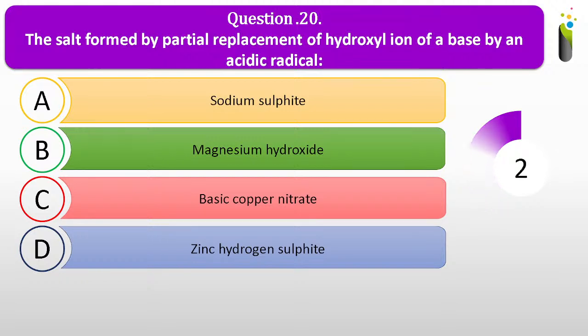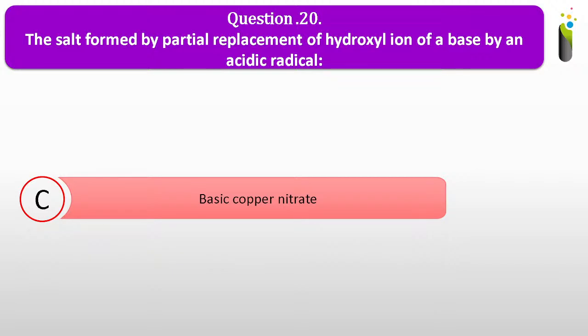And the correct answer to this question should be C. Basic copper nitrate. So the salt formed by partial replacement of hydroxyl ion of a base by an acidic radical is basic copper nitrate.